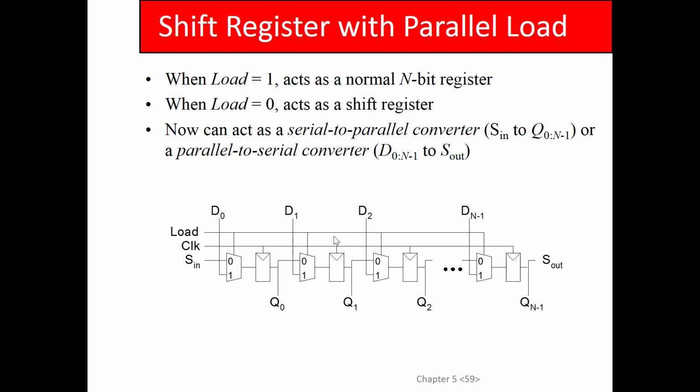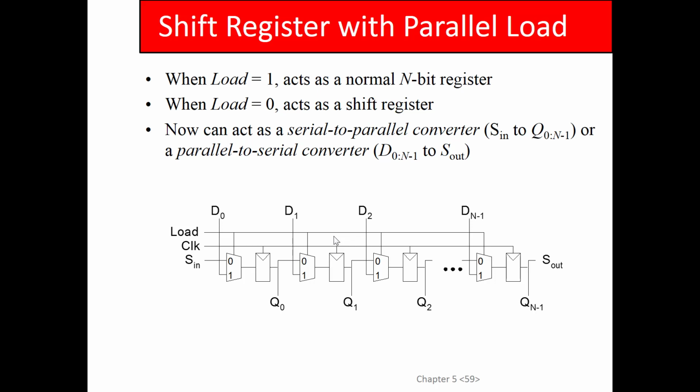So looking at this at the top level, you have an input called load, an input called SIN, which stands for serial in, but then you also have a multi-bit input, D, which is however many bits this register happens to be. This is designed to be scalable. You can make this as big as you want by adjusting N.